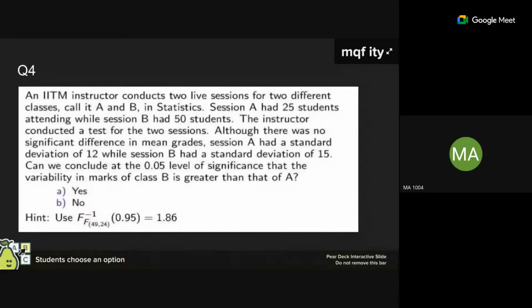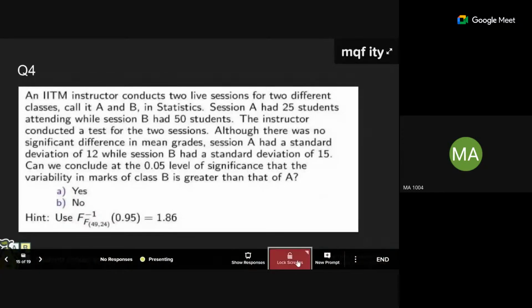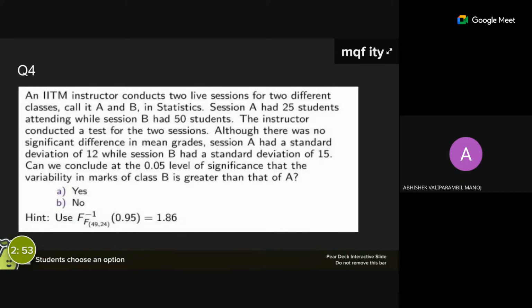So what will be the null hypothesis here? Mu1 equal to mu2, ma'am. Okay. Are we going to take any average kind of things? We are testing the variance actually.